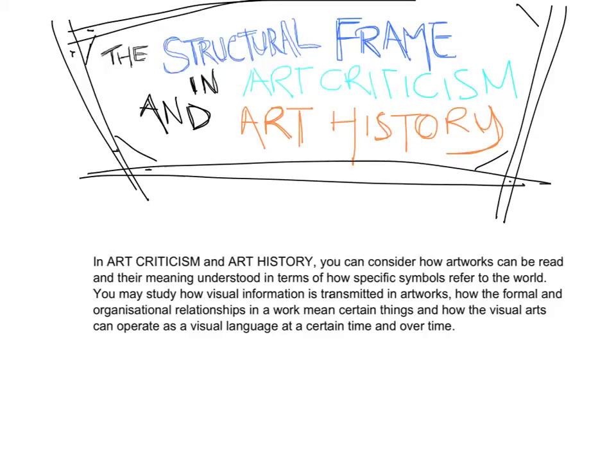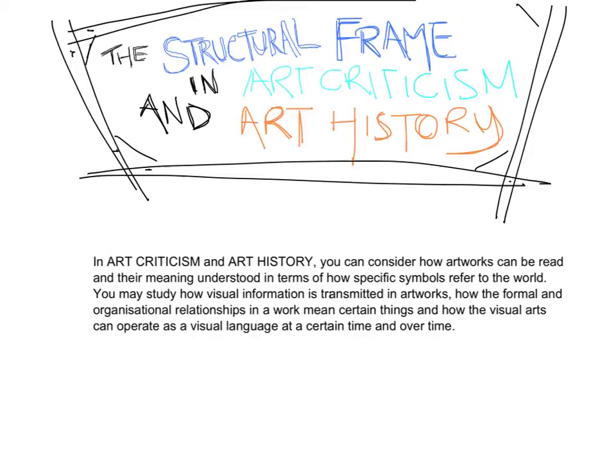In much the same way, when you are applying the structural frame in art criticism and art history, you're again looking for the signs and symbolism within the work, but this time it's just from a different perspective. So when you're interpreting artworks that you're looking at, you are attempting to break down the visual language and how it refers to the world, and how they can be interpreted.